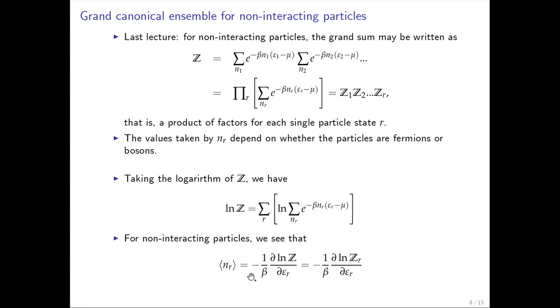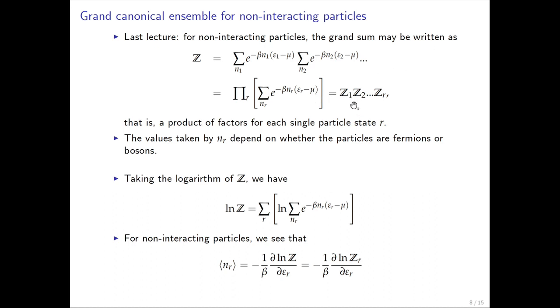In general, if we have the partition function, we just take minus 1 over beta times the partial of log Z with respect to epsilon r to find the mean occupancy of n sub r.